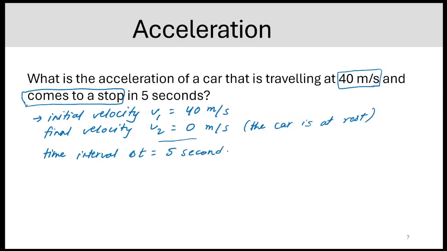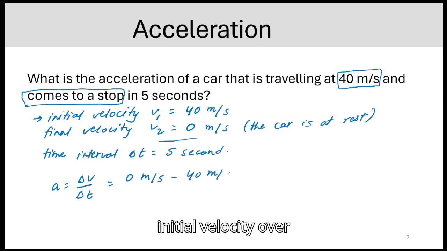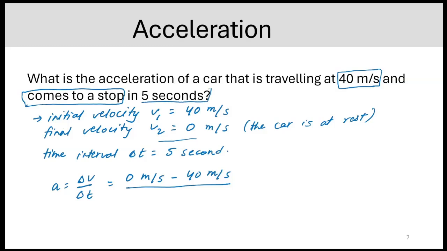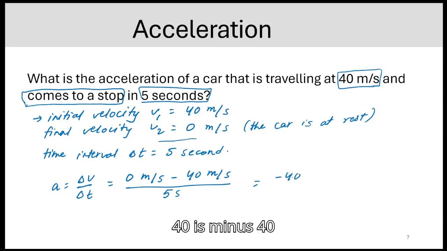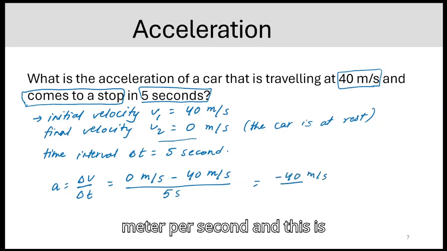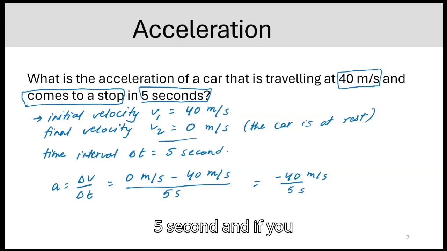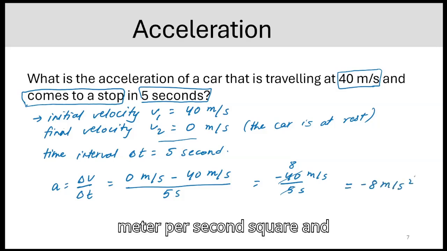Now we have to calculate the acceleration, and we know acceleration is delta v over delta t, and change in velocity is final velocity minus initial velocity over time 5 second. And here 0 minus 40 is minus 40 meter per second, and this is 5 second. And if you simplify it, this is minus 8 meter per second square.